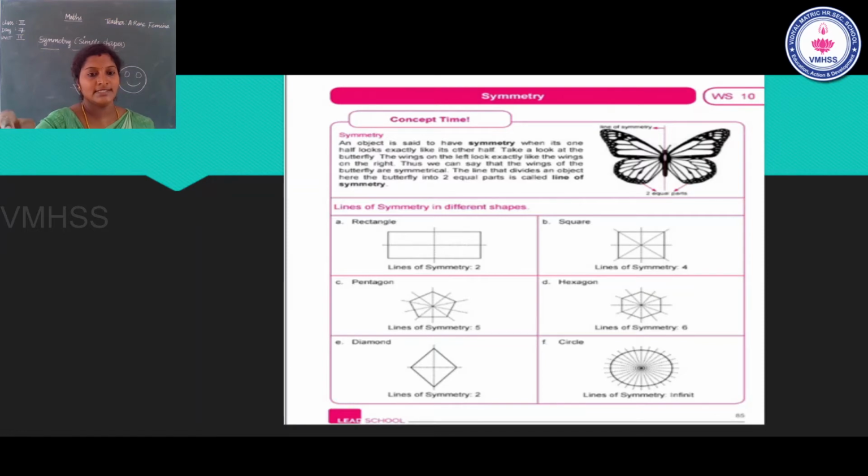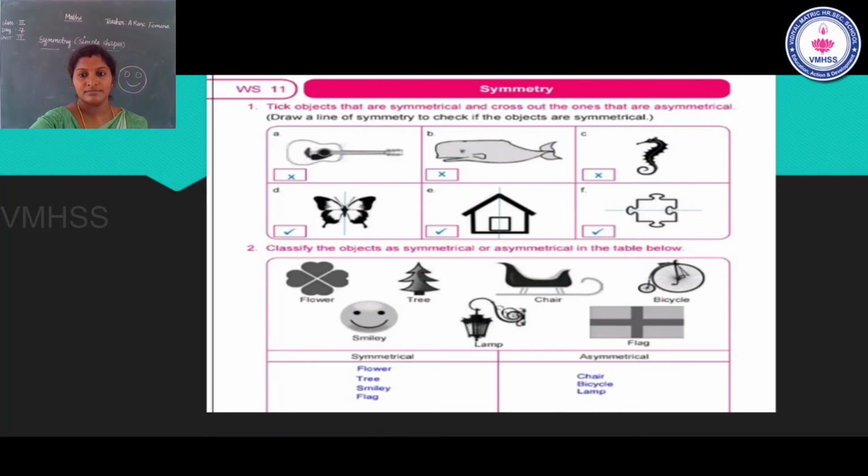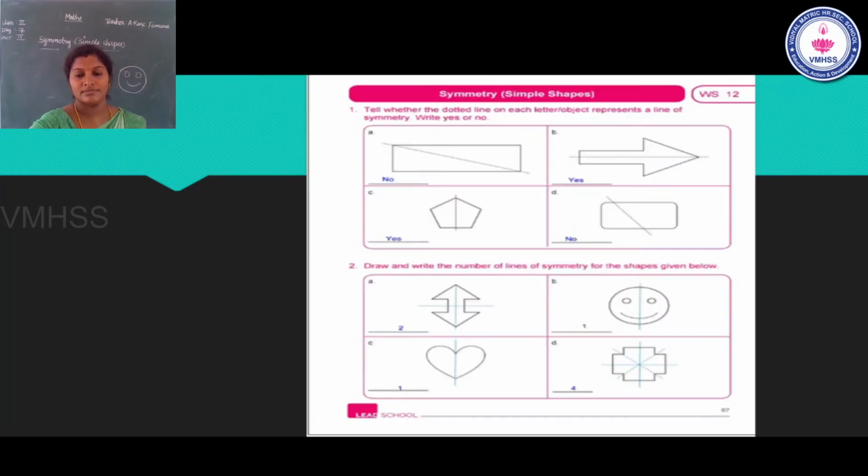Okay, students. So see the next one. Take page number 87. Draw and write the number of lines of symmetry for the shapes given below.